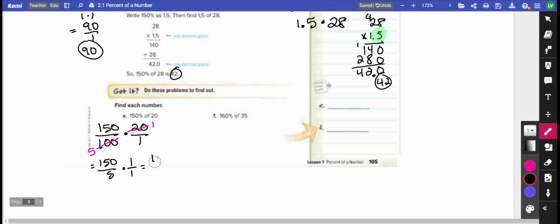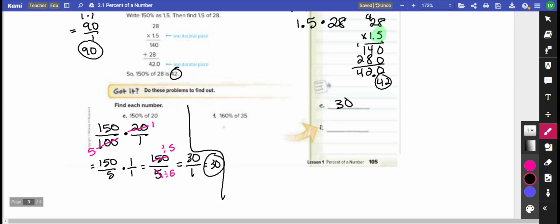So I'm going to multiply my numerators, which is 150, divided by my denominators of 5. And I can still reduce this by 5. Divide by 5, divide by 5. 150 divided by 5 gives me 30. 5 divided by 5 gives me 1. So the answer for letter E is 30.